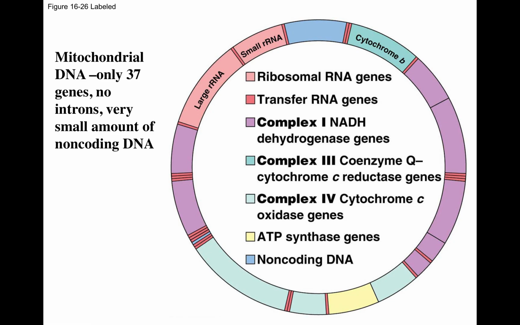A lot of mitochondrial genes cooperate, in quotes, with nuclear genes in that they are a multi-subunit complex, and some of those subunits are coded for by the mitochondrial genome and then translated on mitochondrial ribosomes and reside in the mitochondria. Some of the subunits would be coded for by the nuclear genome.